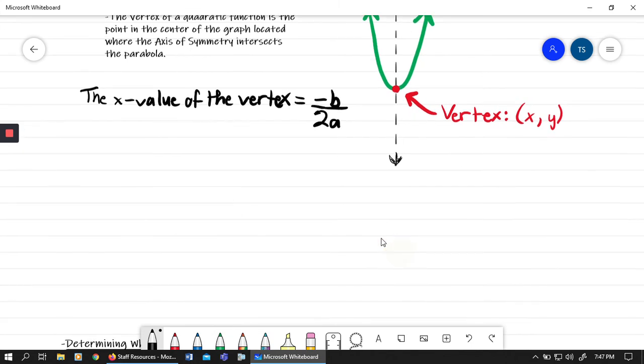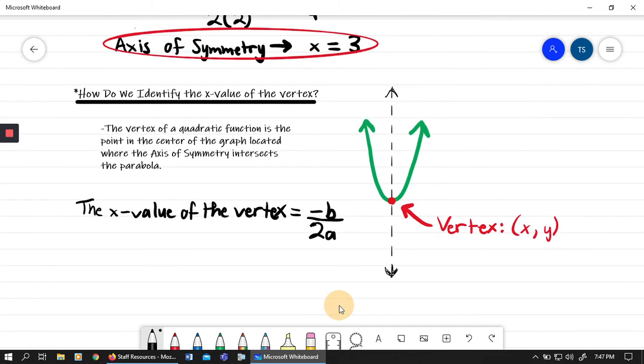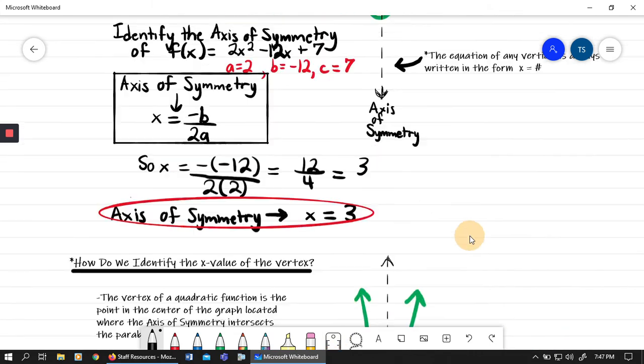So again, let's say that we were doing the exact same equation, the exact same function as we did before.